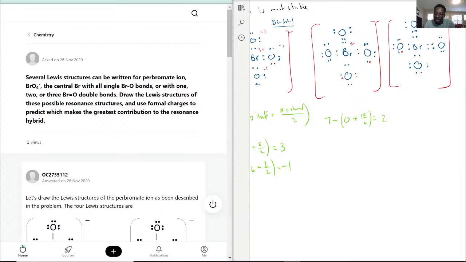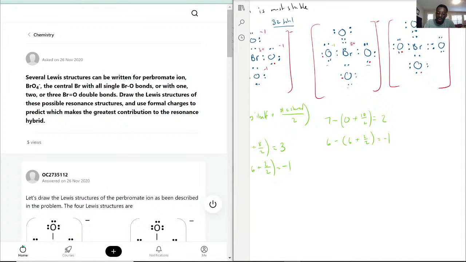Which means we're getting closer, because with that, all we need now is 3 minus to get rid of this. And the 3 oxygens down here would be still the same: 6 minus 6 plus 2 over 2. That would still be minus 1.